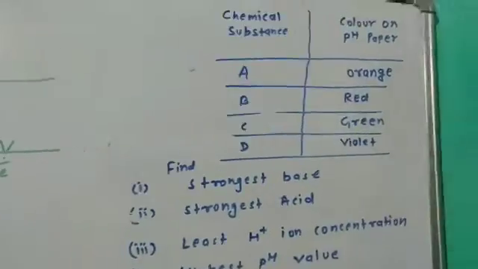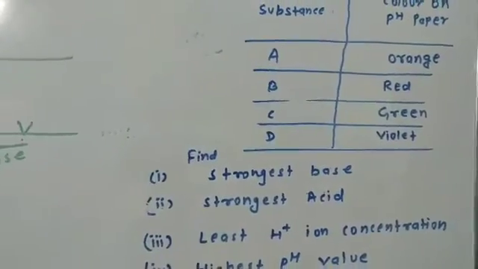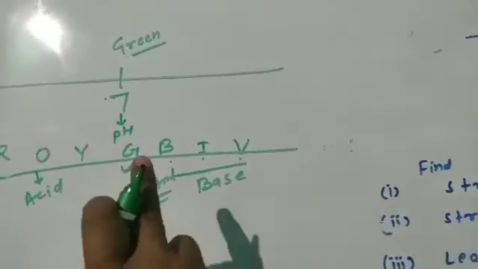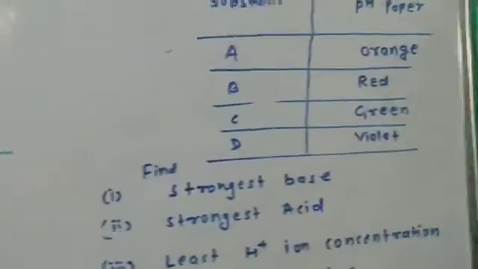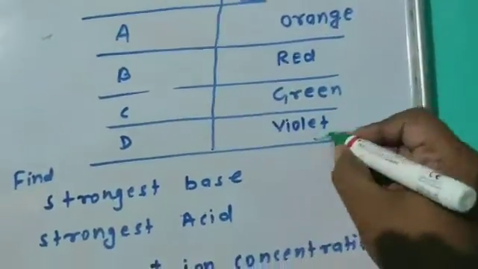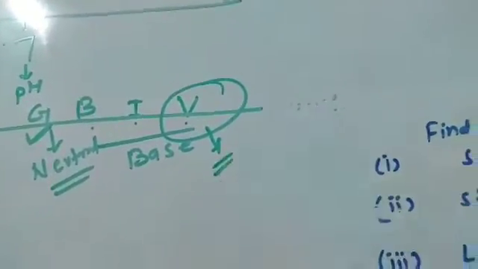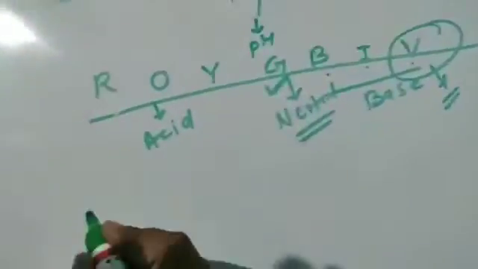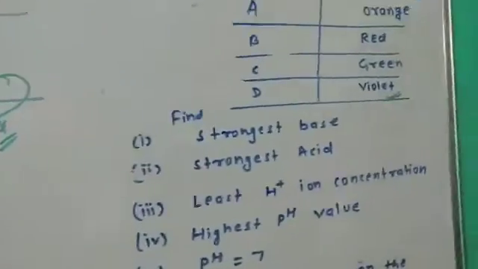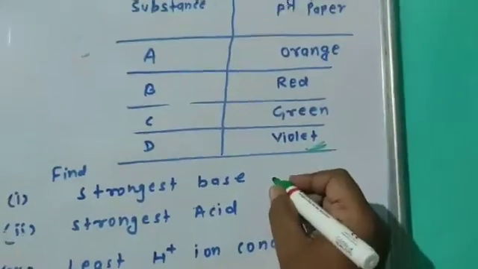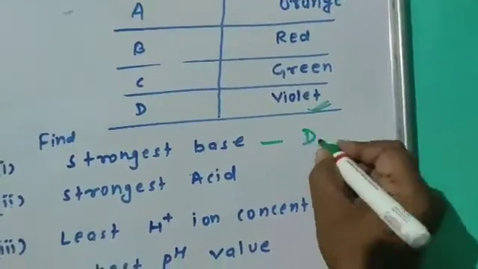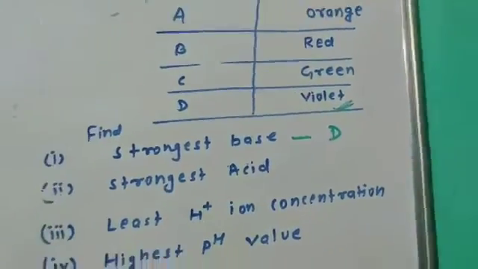First is the strongest base. For base we have blue, indigo and violet. You can see violet is last, so that is the strongest base. So D, violet, is the strongest base. For the strongest acid, the lowest value is for red.